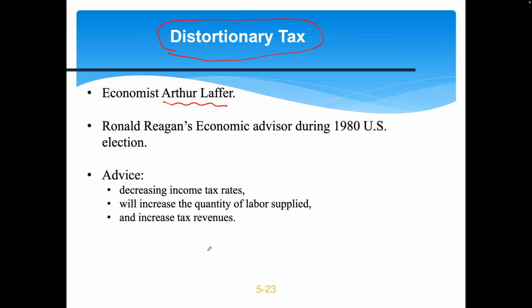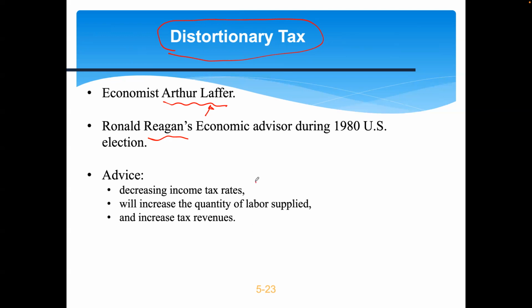So the main idea of Reagan's economics, and certainly he benefited a lot from Laffer advocating his economic principle to President Reagan, and Reagan applied his economic theory in policy making. The main advice President Reagan received is the following.